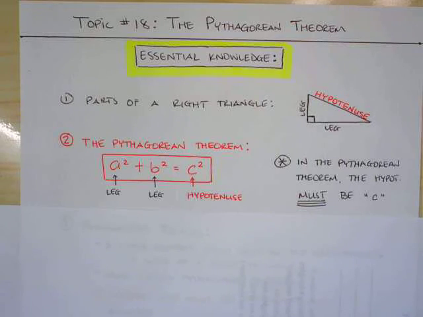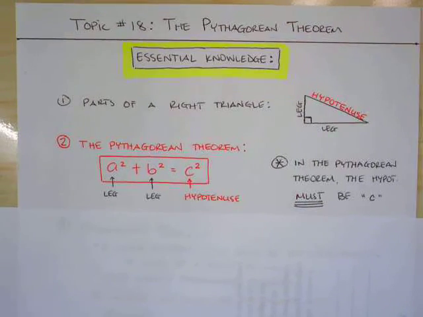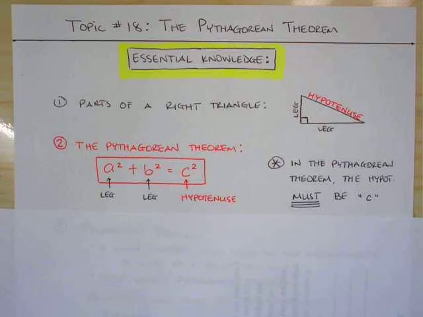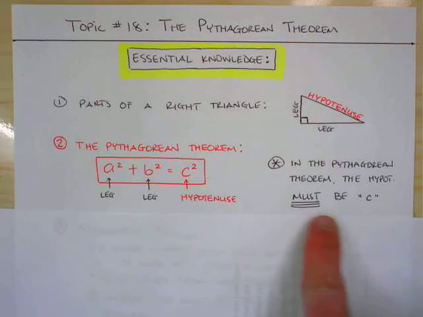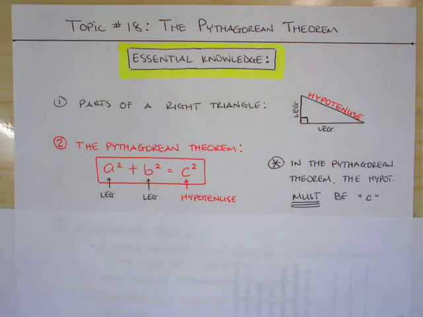So one of the first things we have to do when we are working with the Pythagorean theorem is correctly identify the hypotenuse and make sure that it is the c portion of our equation. For the two legs, it doesn't matter which leg we make a and which leg we make b, as long as our hypotenuse is c.